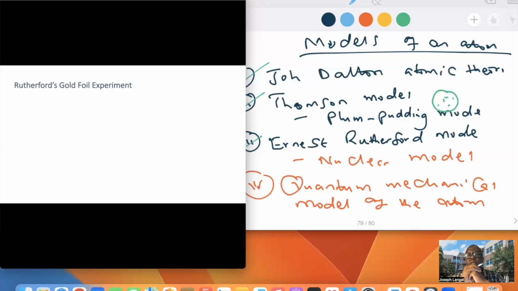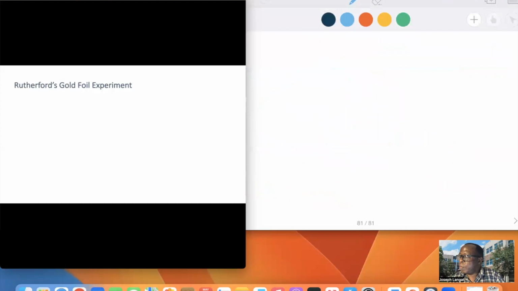He had worked with radioactivity, alpha particles, which are positively charged.